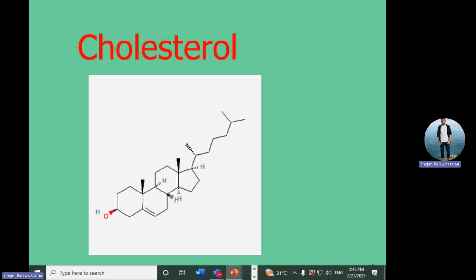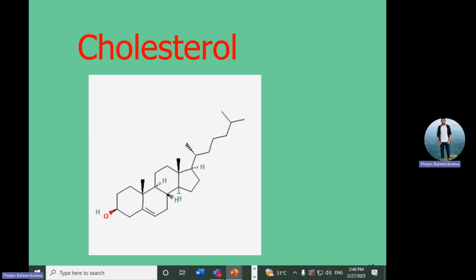When you see cholesterol, when you hear cholesterol, do you get a good feeling or a bad feeling? Bad feeling. Cholesterol. Check it.